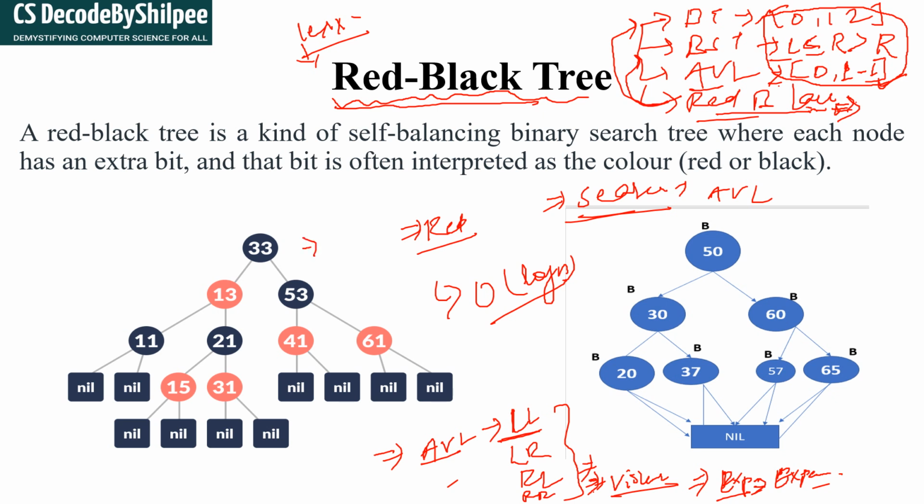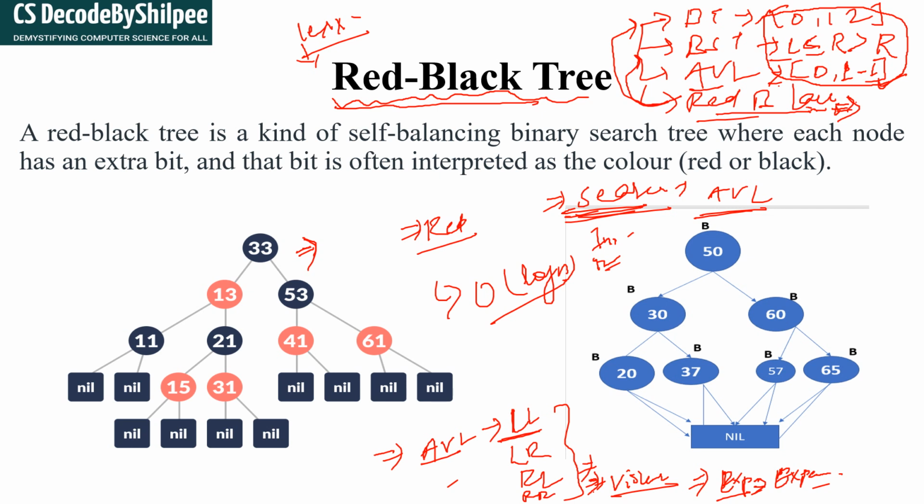It's a balanced binary search tree, but not strictly balanced. So for searching we prefer the AVL tree, but for insertion and deletion we prefer the red black tree, because it has fewer rotations, whereas the AVL tree has the rotation issue. Because of that we use the red black tree.